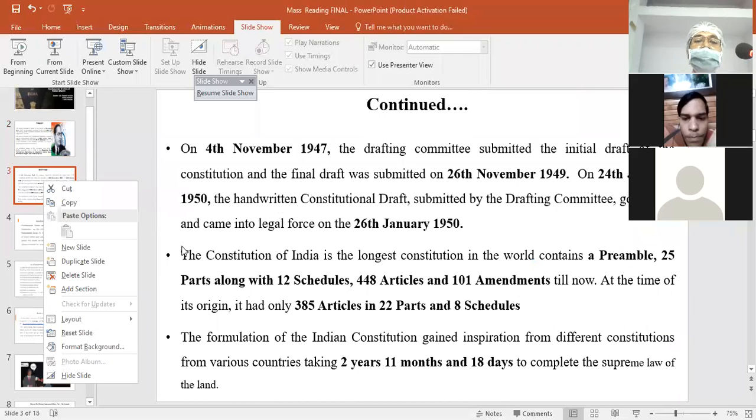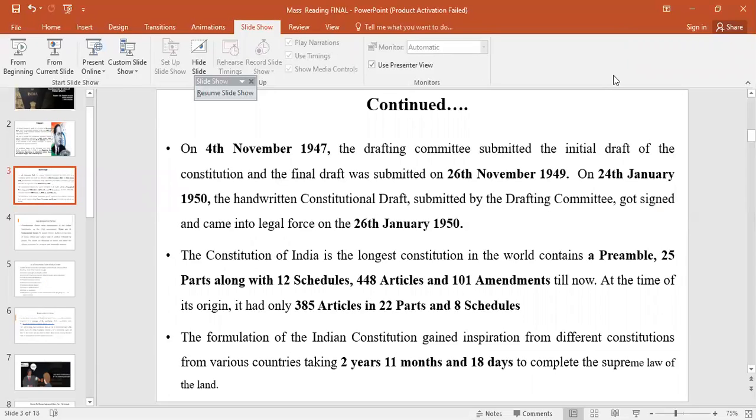On 4th November 1947, the drafting committee submitted the initial draft of the Constitution, and the final draft was submitted on 26th November 1949.